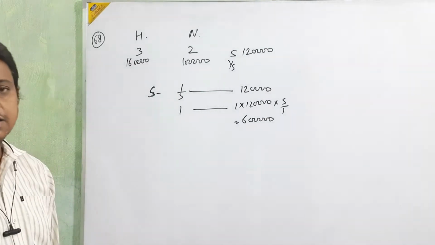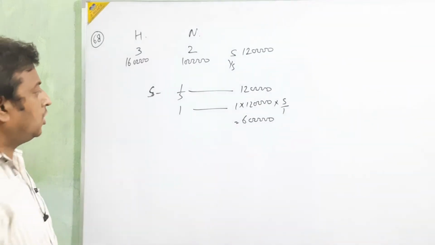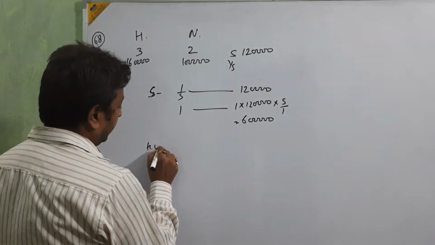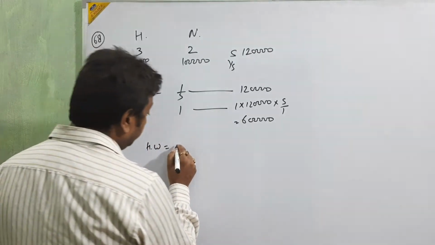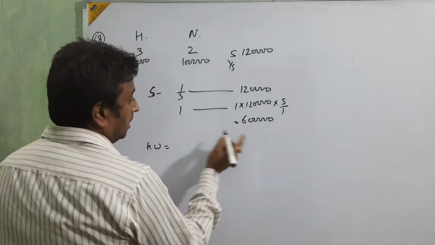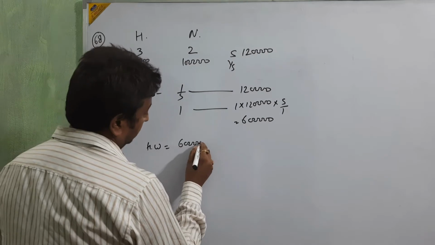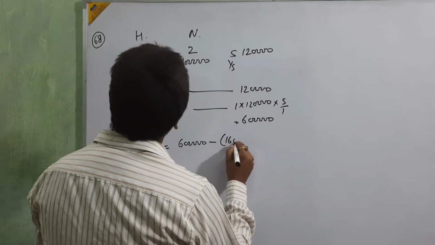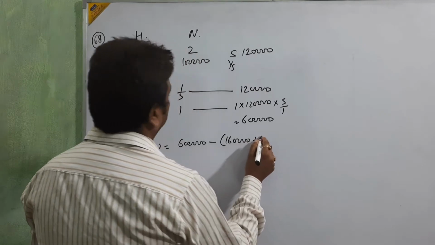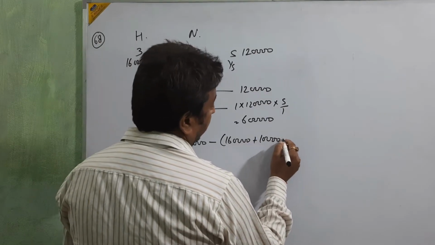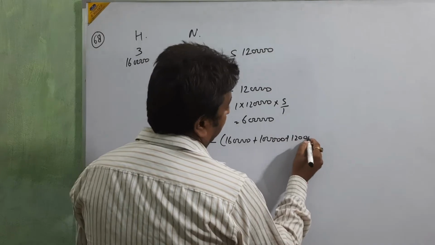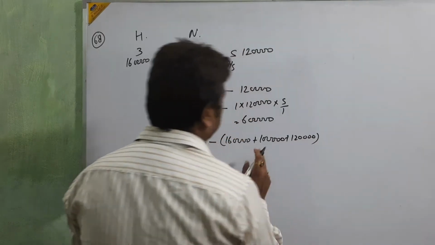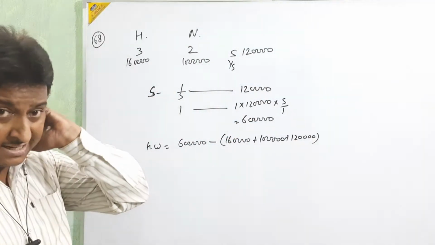Okay beta, what amount is coming? 6 lakh. Now to calculate hidden goodwill, we take that 6 lakh less all the capital, which is 1,60,000, 1 lakh and 1,20,000.